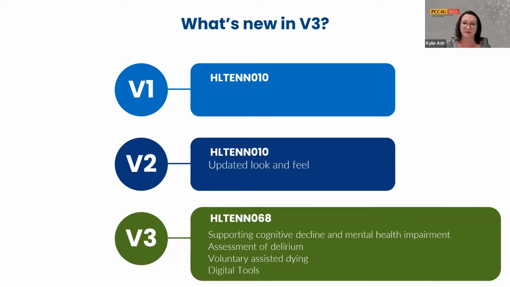It was around identifying end-of-life care needs for those with cognitive decline and mental health impairment, assessment of delirium, voluntary assisted dying, and digital tools used to support palliative care in aged care settings.